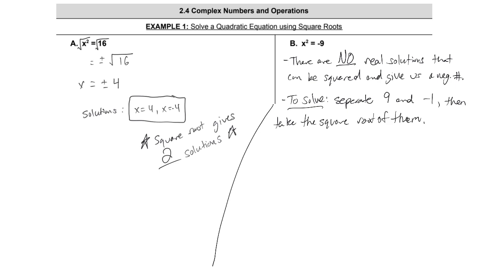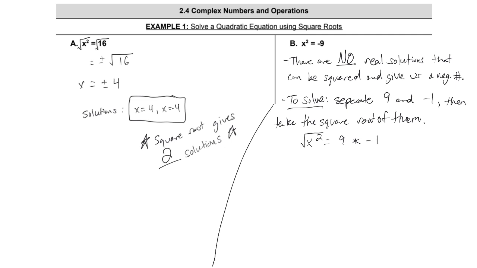That's because we can rewrite negative 9 as a product of 9 times negative 1. So we rewrite this as x squared equals 9 times negative 1. Then we take the square root.